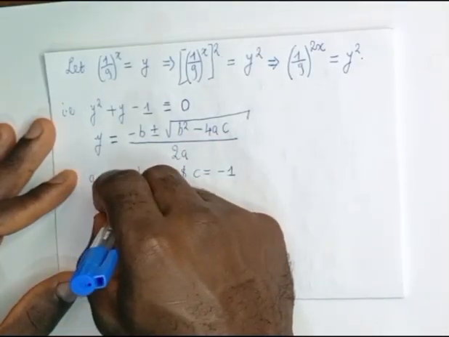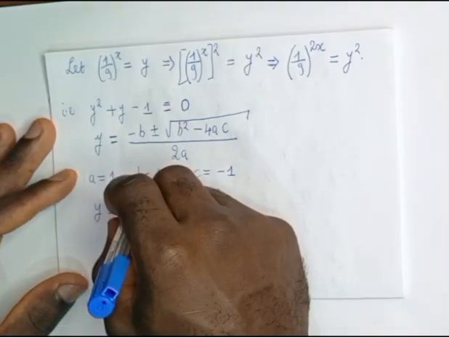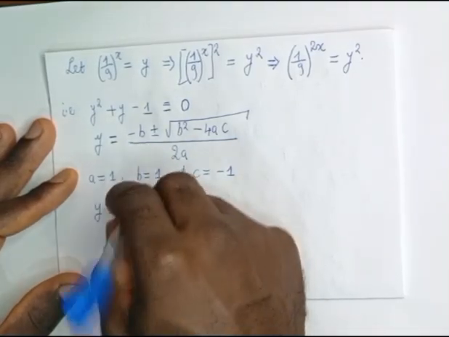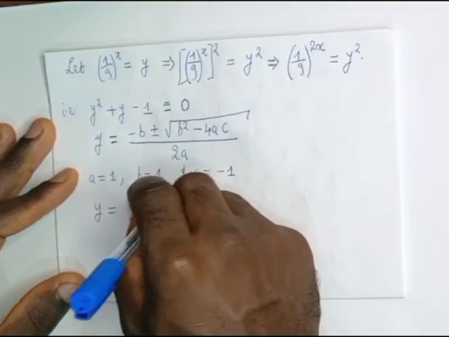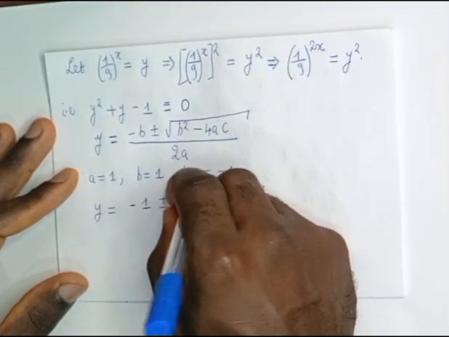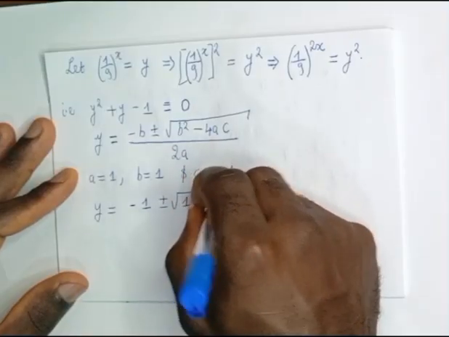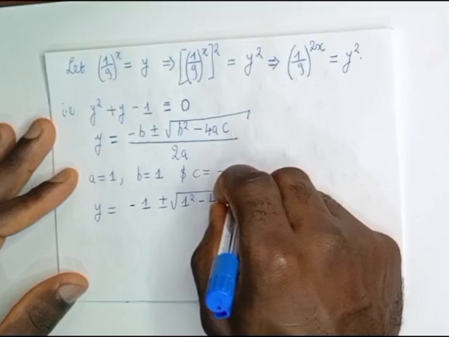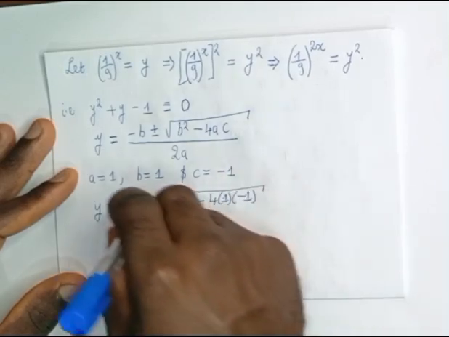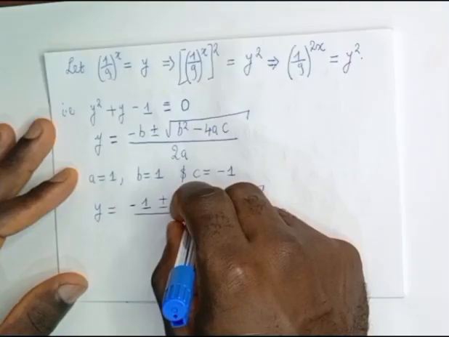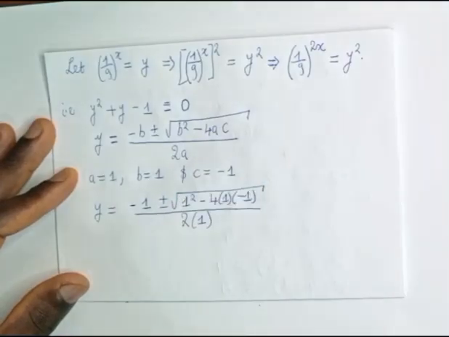This will give us y to be equal to negative, the formula states negative b, negative 1, plus or minus the square root of b squared, that is 1 squared, minus 4 times a, which is 1, times c, which is negative 1. We divide all this by 2 times a, 2 times 1.